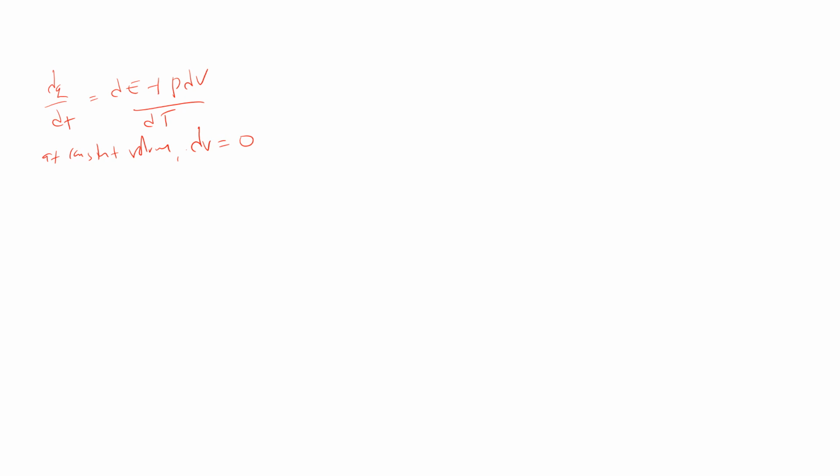Then what we are having is dQ over dT, which is Cv, will be equal to dE over dT at constant volume. So this becomes 0, and leaves us with dE over dT. And so the heat capacity at constant volume is defined as the rate of change of internal energy with temperature at constant volume.